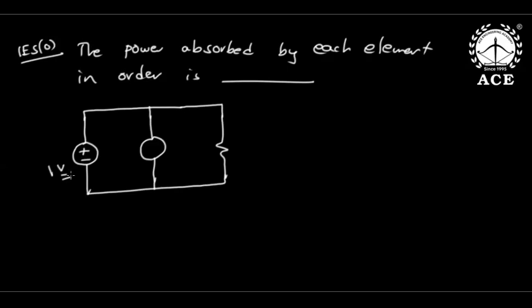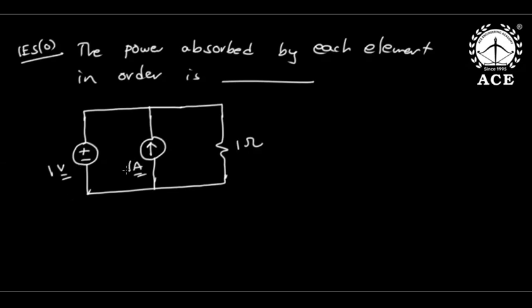This is 1 volt, this is 1 ampere, and this is 1 ohm. Power absorbed by each element in order is dash.